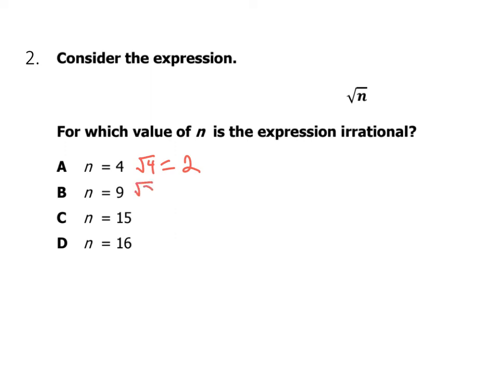Square root of 9 equals 3, so that is rational. Square root of 15 equals 3.872. That is irrational because it keeps on going. And then square root of 16 equals 4, and that's rational. So C is irrational. It's a non-perfect square.